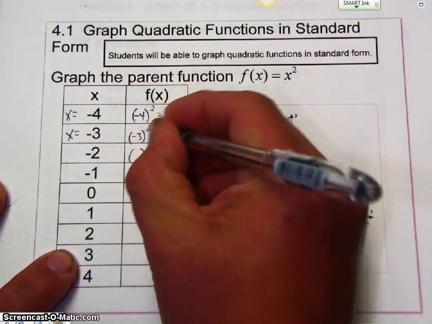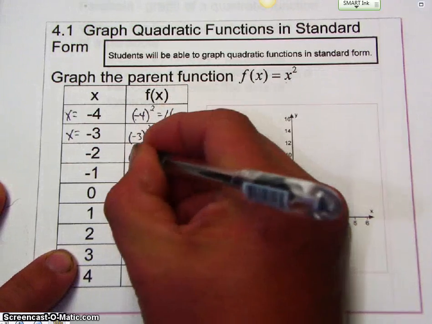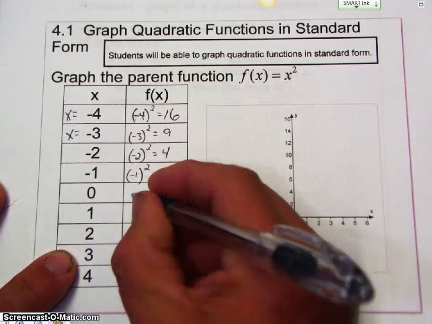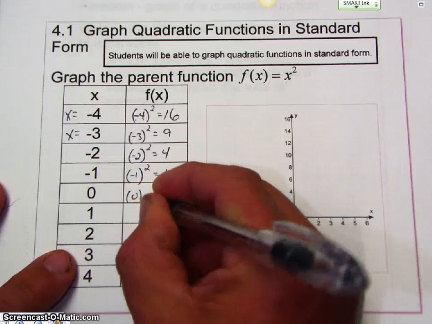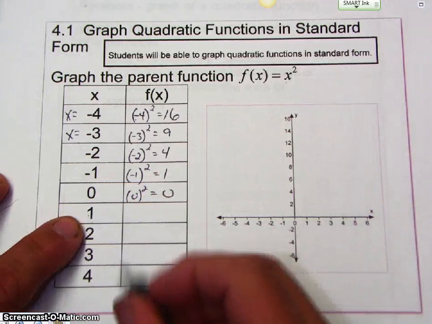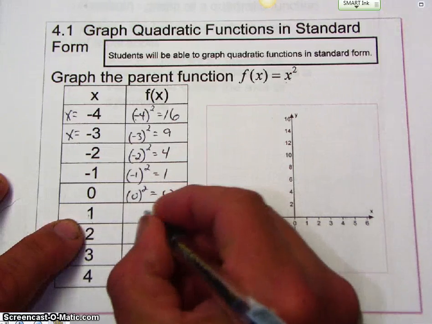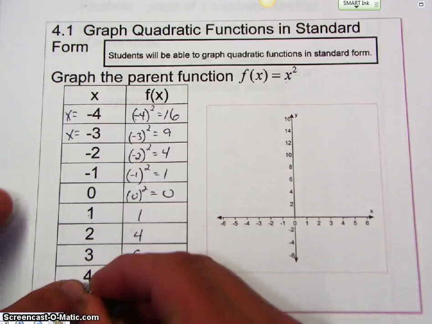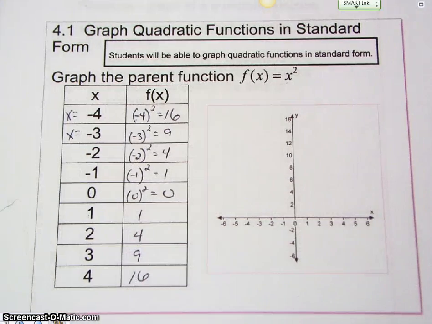Put -3 in, when I square it, I get +9. I get +4. I get +1. I put 0 squared, I still get 0. So when I put 1 in, 1 squared is 1, 2 squared is 4, 3 squared is 9, 4 squared is 16.